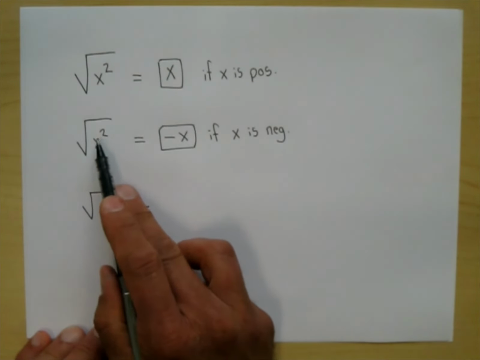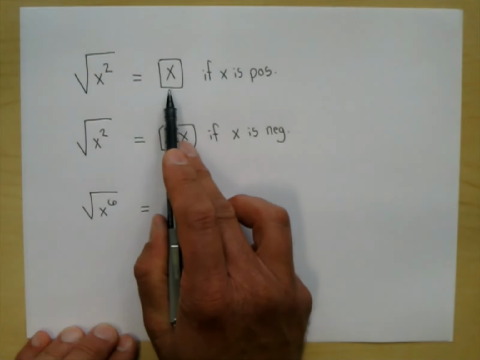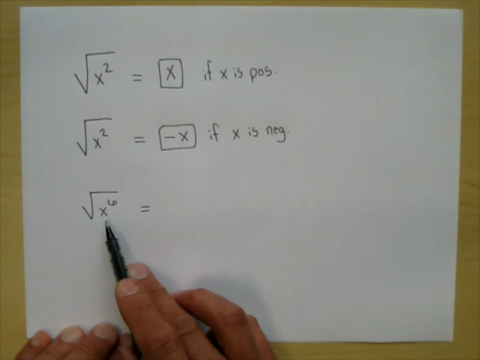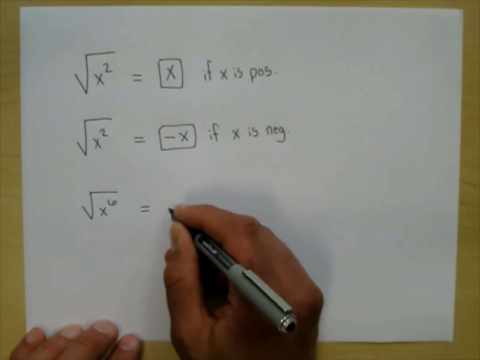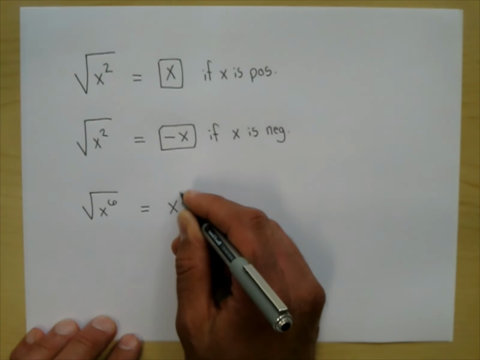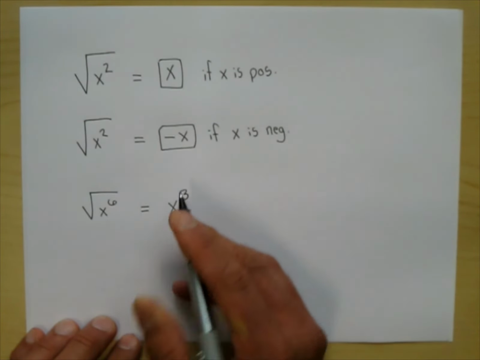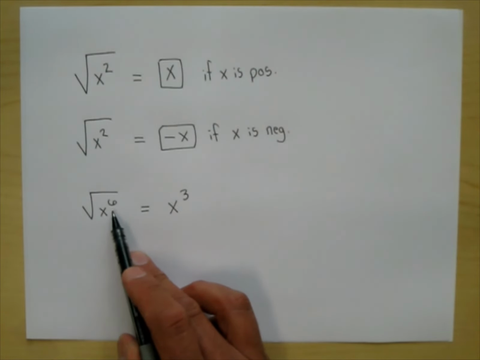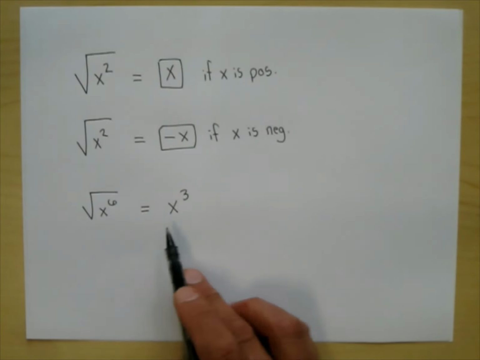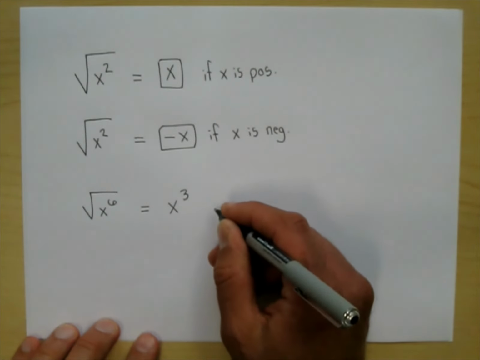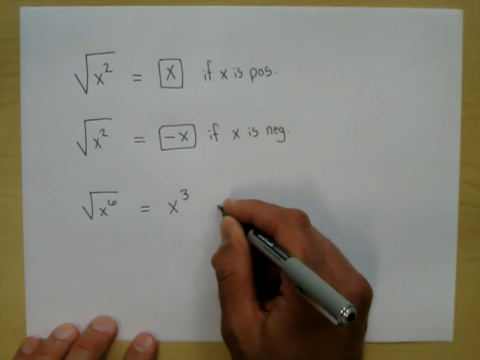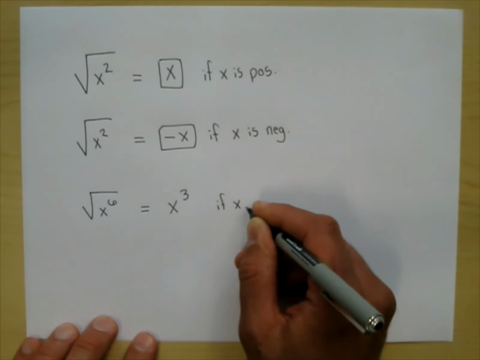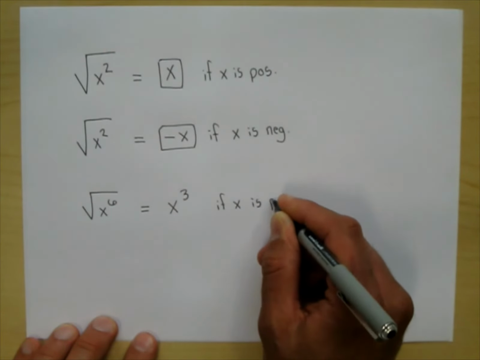So you look, there was a pair of x's, so then you just had an x there. So there are 3 pairs of x's, and you're going to end up getting x to the 3rd. You could also write the square root as the 1/2 power, and then x to the 6th raised to the 1/2 would be x to the 3rd. Well, this is only going to happen if x is positive.